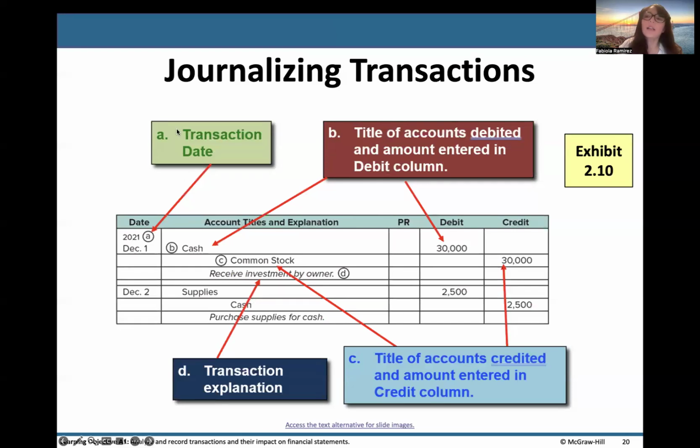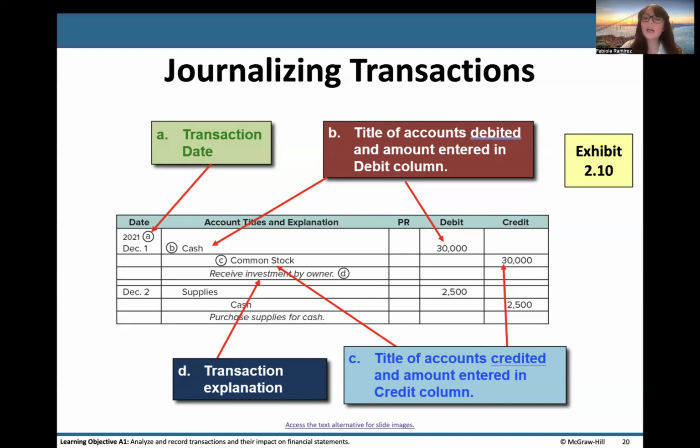So in order to journalize this transaction, we need a few items. First, we need to record the date, and you can see we record that here. Next, we need to know what accounts this transaction affects. So if the company received cash, we know that the cash account is affected.